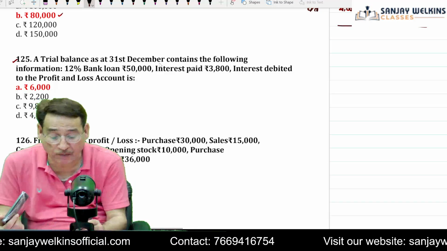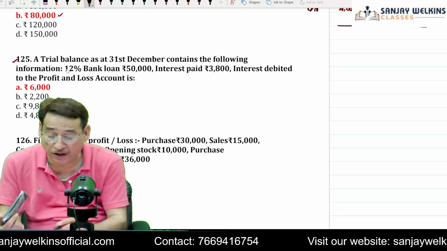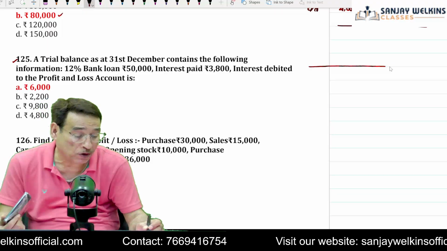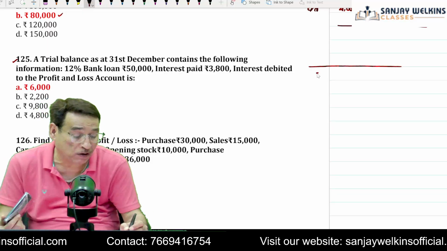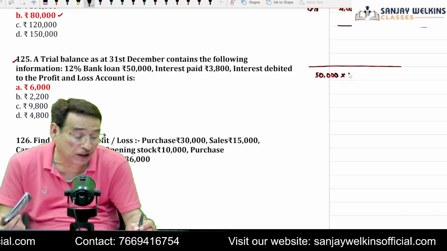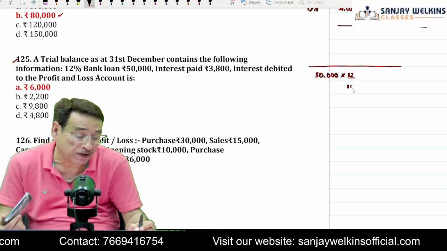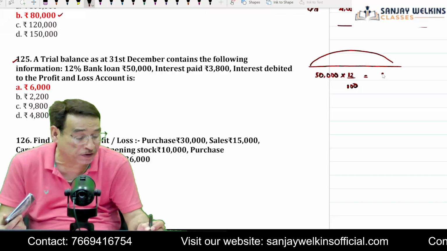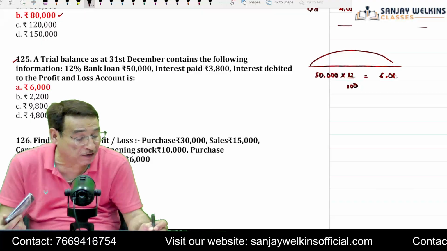125. A trial balance as at 31st of December contains the following information. 12% bank loan, and the bank loan is actually 50,000. If your bank loan is 50,000 and 12% is the interest, so logically in the current year's profit and loss account, this much of interest you must have shown.